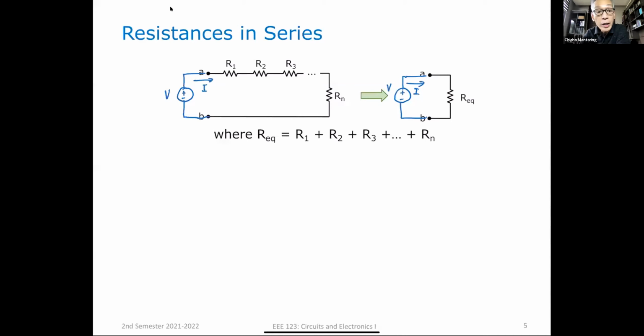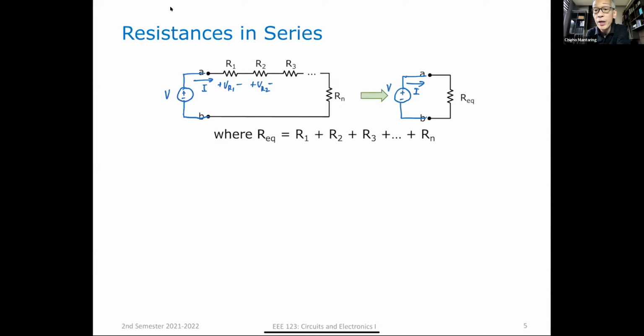Now, from Kirchhoff's voltage law, if this is my current I flowing in this circuit, then I know that I will have the individual voltages across my resistances. I'm going to have here VR1, VR2. Take note of the polarity.